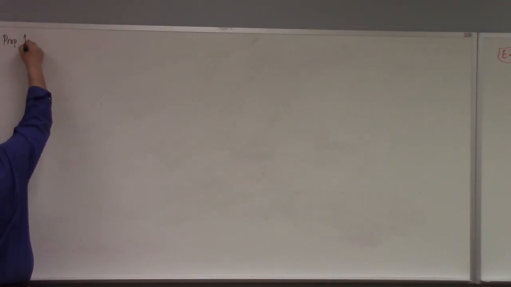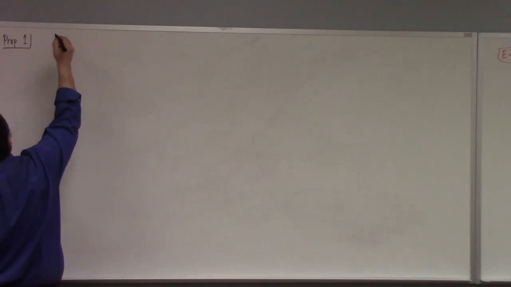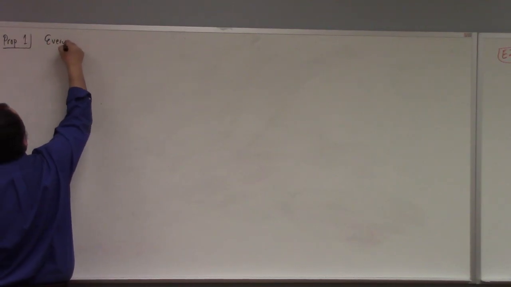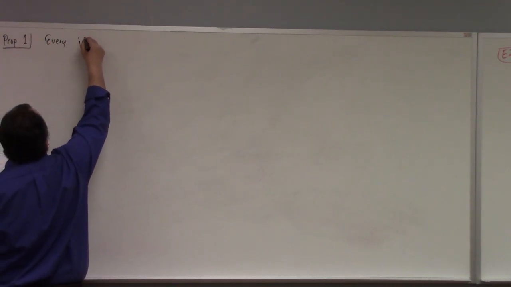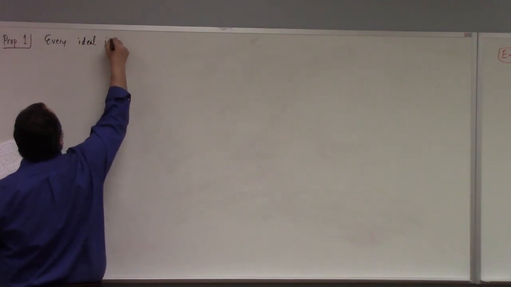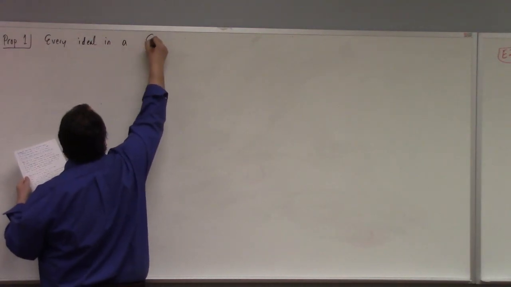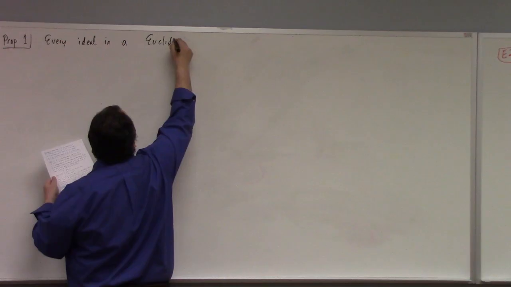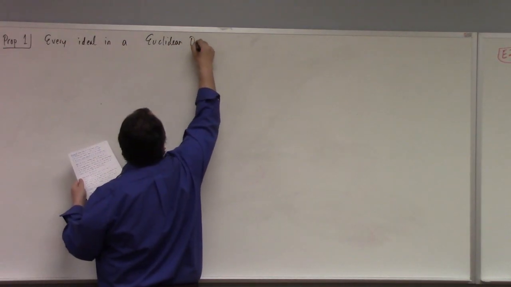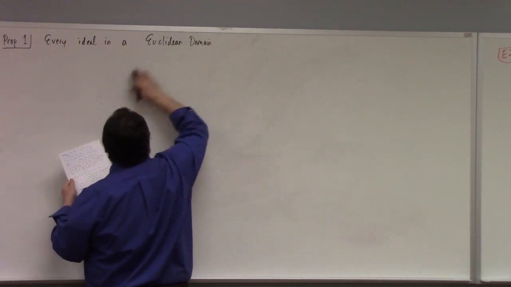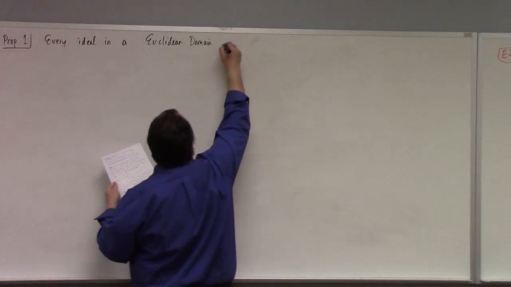Proposition 1. Every ideal in a Euclidean domain is principal.